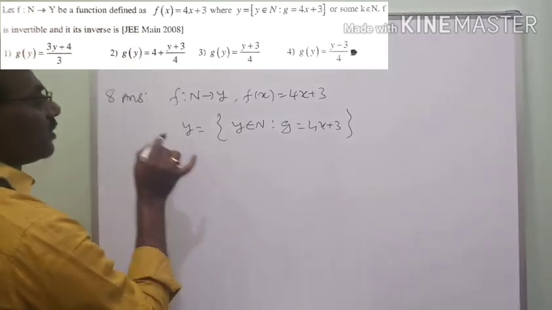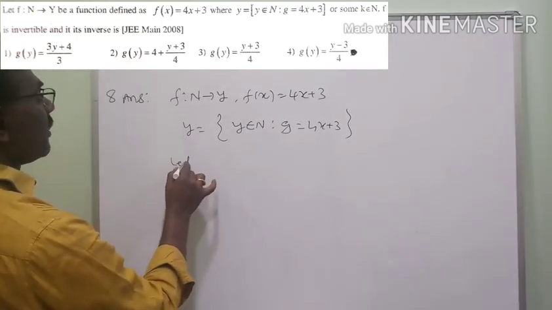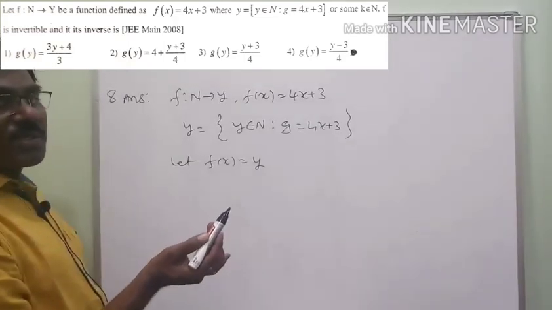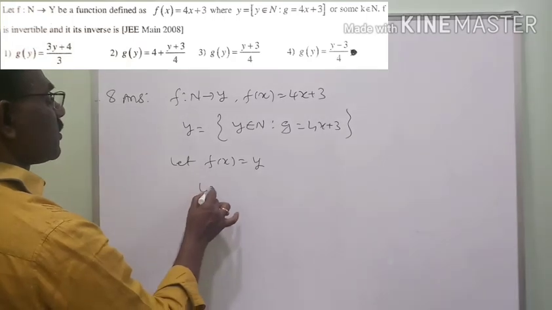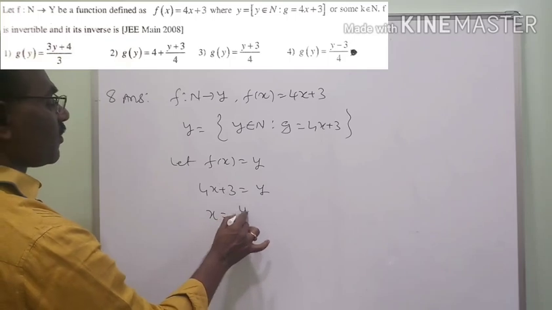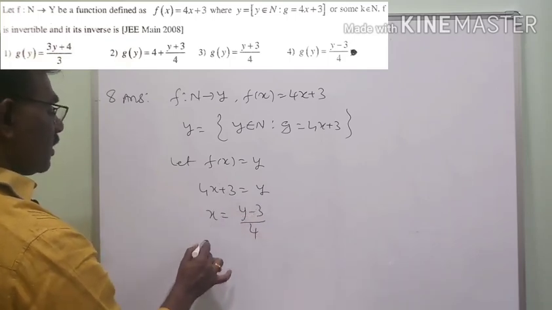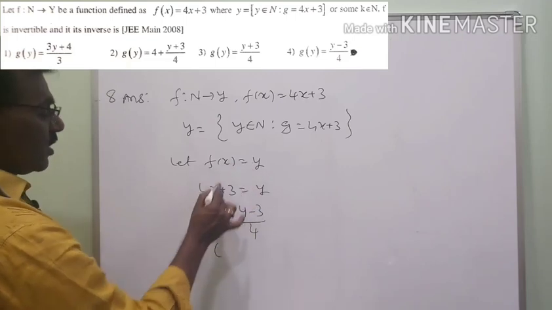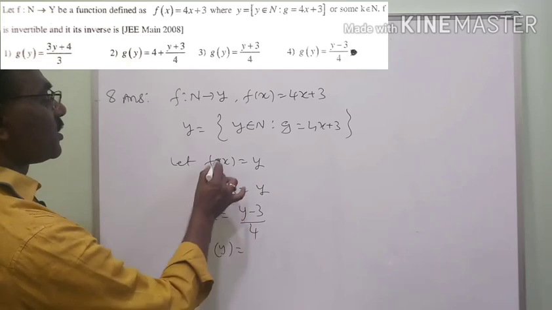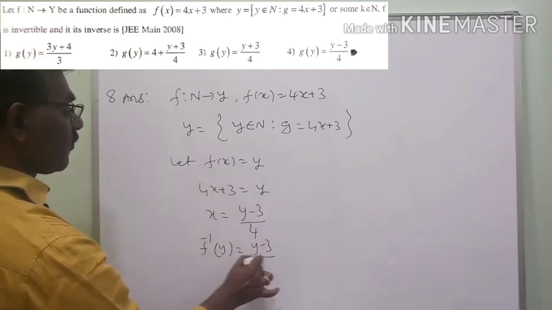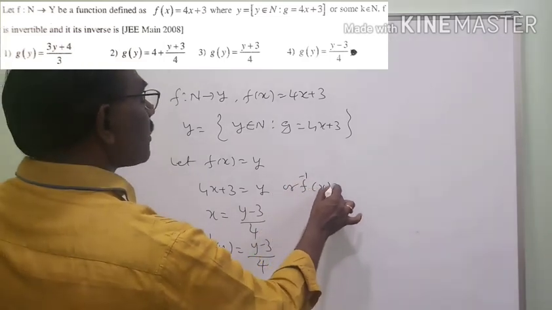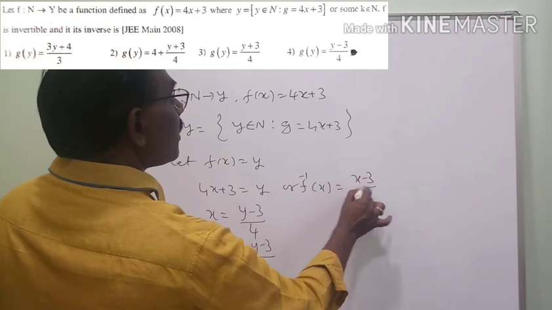Now very simple. The question is, let f of x be, better take y, since you are asking for the inverse. F of x is 4x plus 3 equal to y. What is x here? x equals y minus 3 by 4. F inverse of f of x is y. So f inverse of y equals x, which is y minus 3 by 4, or f inverse of x is x minus 3 by 4.